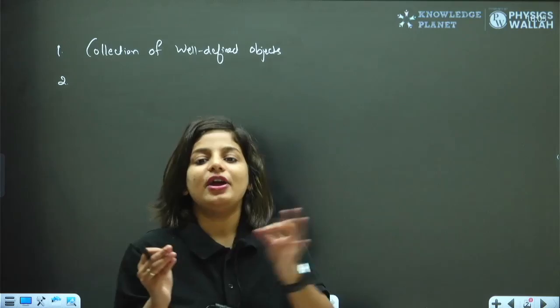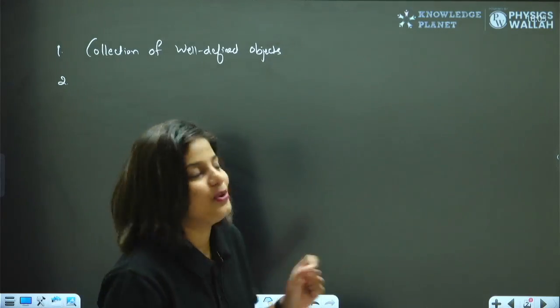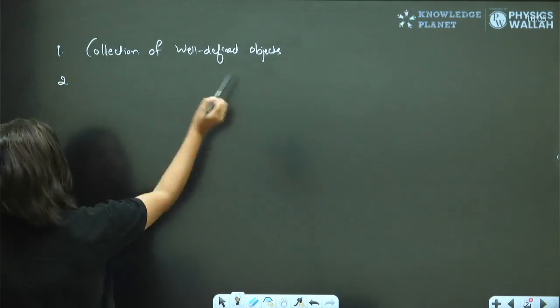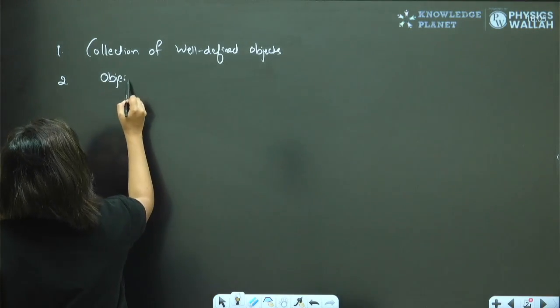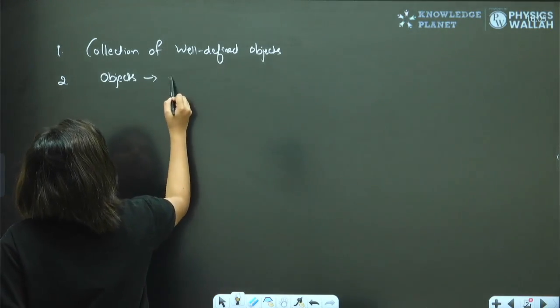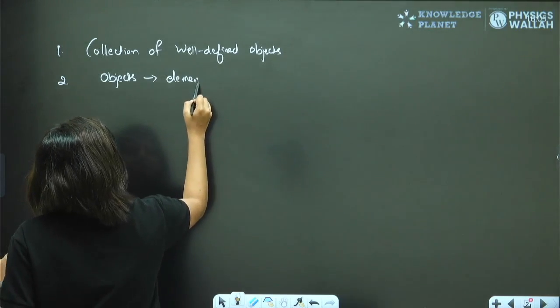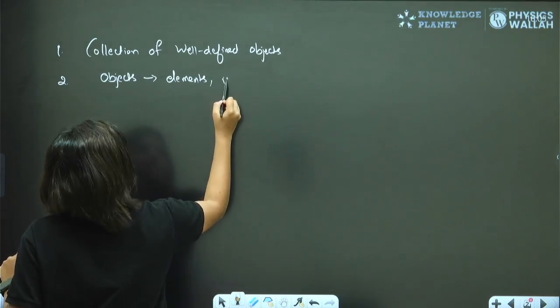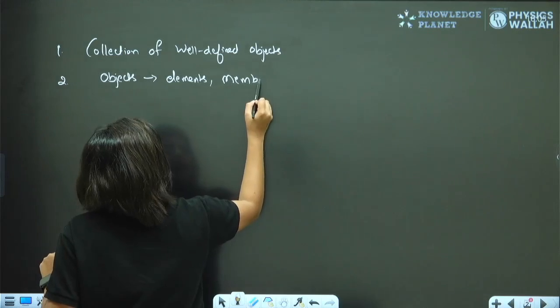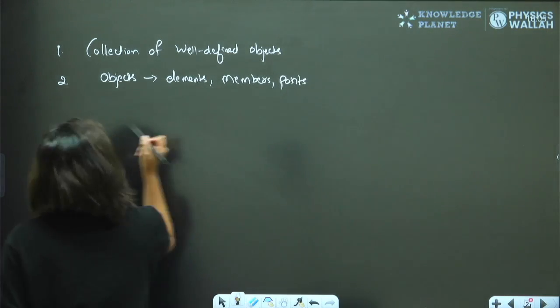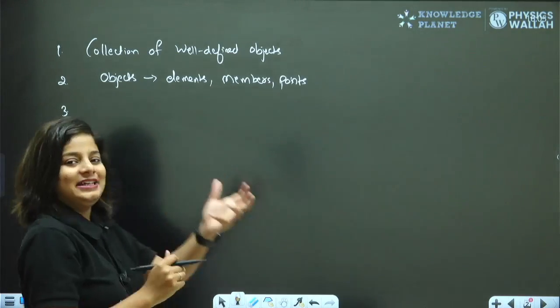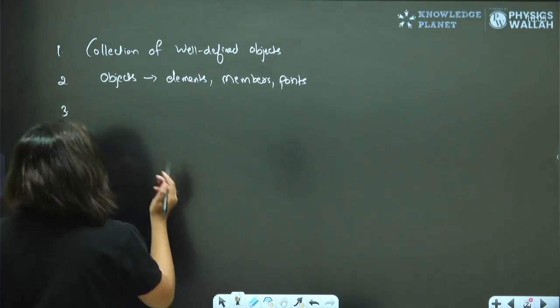If the answer for everyone remains the same, it's a well distinguished collection and it will be referred to as a set. These objects can also be referred to as elements or members, and in some cases also points.